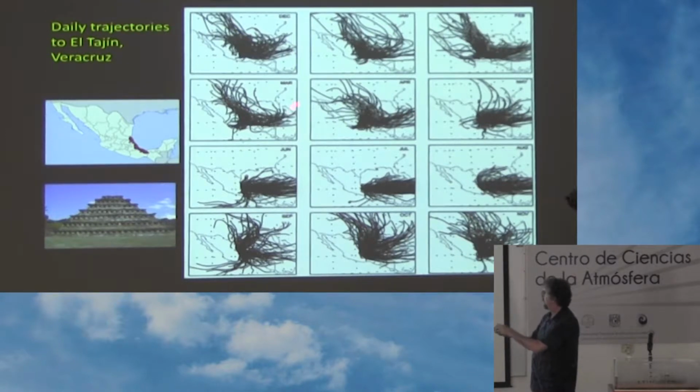Every month has more or less half of the trajectories from that regime. And in the summer months, June, July, August, trajectories are exclusively along that path from the east. Now, in the other months of the year, you have this path from the north, from the northwest.